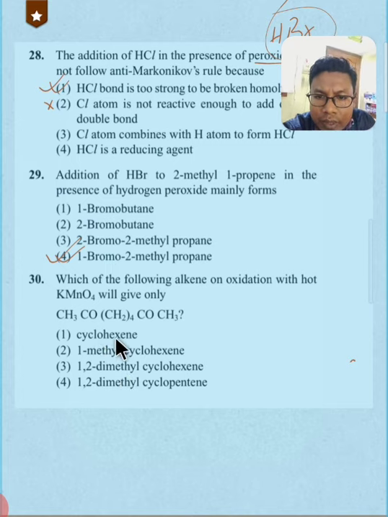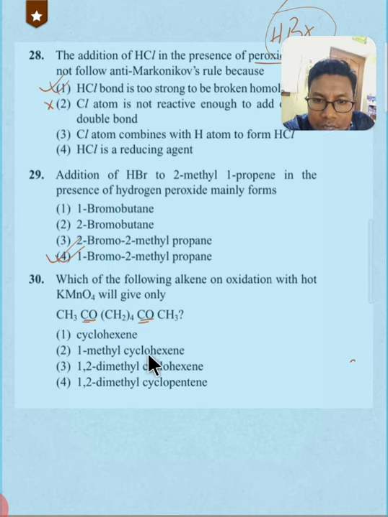So if cyclohexene is taken, like in the previous question, cyclohexene will produce 2 aldehydes at the terminal carbon atoms, and that will contain a total of 6 carbon atoms. So this will not produce it, because we are getting 2 ketones here.